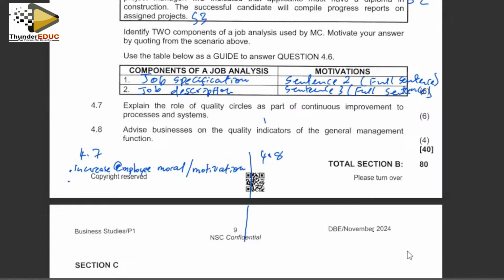And also, it creates harmony or good relationship, great harmony and high performance in the workplace.